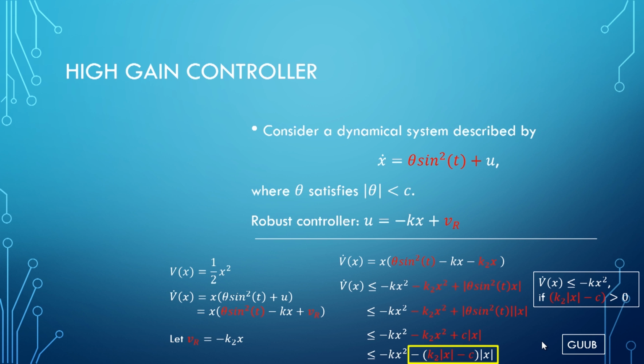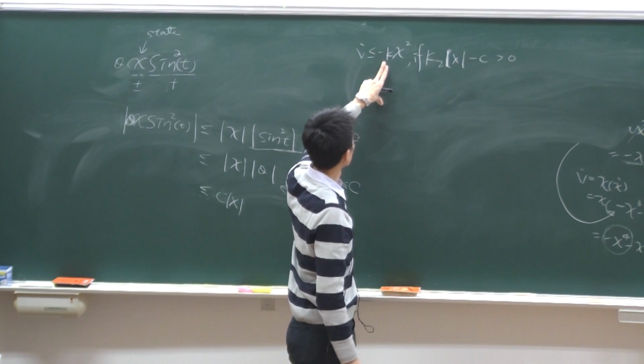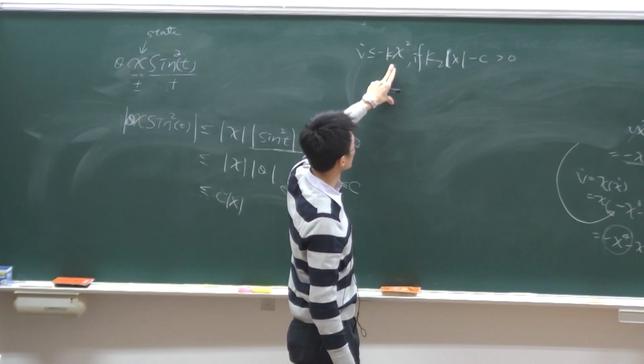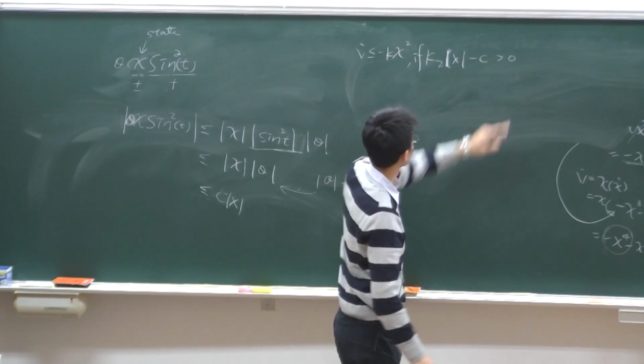So eventually, this term will go from positive to negative. And the second term will go from negative to positive. The intersection will be where x is equal to... V dot will be upper bounded by some negative definite function if this is satisfied, right?